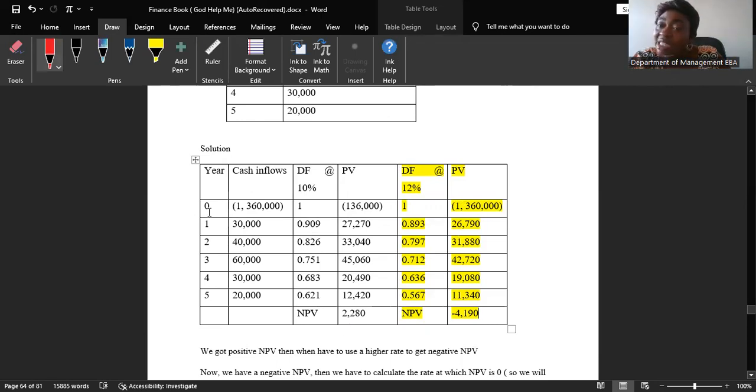I want to have the amount we spend at the start as is, at year zero, so don't discount it. And it is in brackets because we are subtracting.